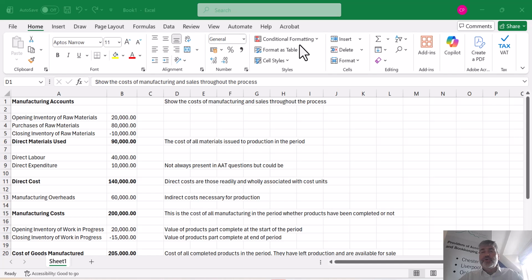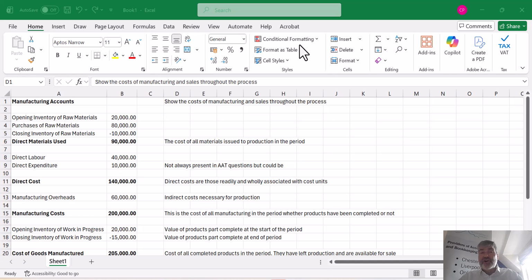I've also included £10,000 of other direct expenditure related to production or the manufacturing process. Don't be surprised in an AAT exam question that that figure isn't provided. It sometimes is, it sometimes isn't. If it is, it's part of the overall direct cost.